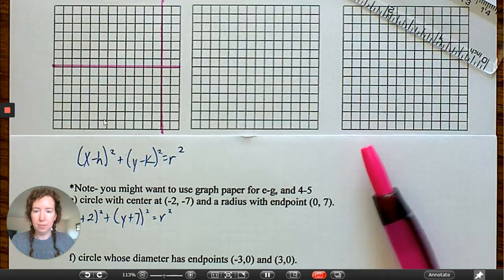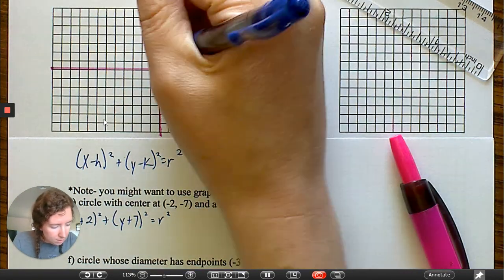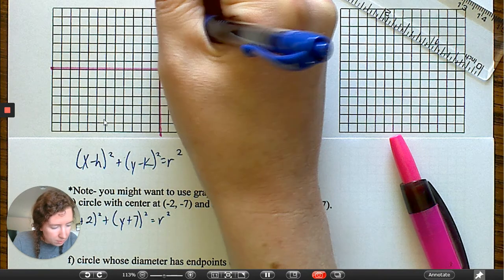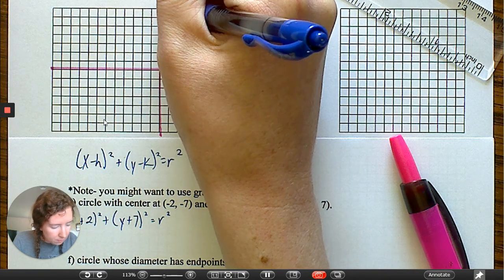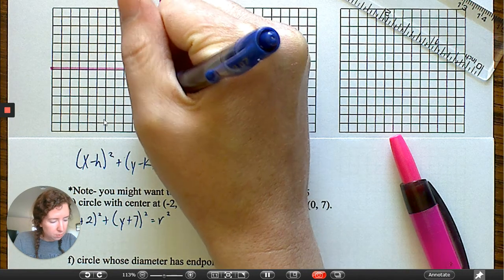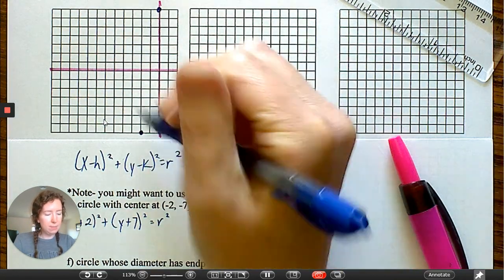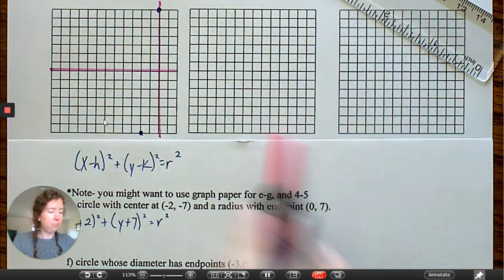Can you see that okay? Yeah. 0, 7 is 1, 2, 3, 4, 5, 6, 7. And then -2, -1, 2, 3, 4, 5, 6, 7. So that's my center right there.